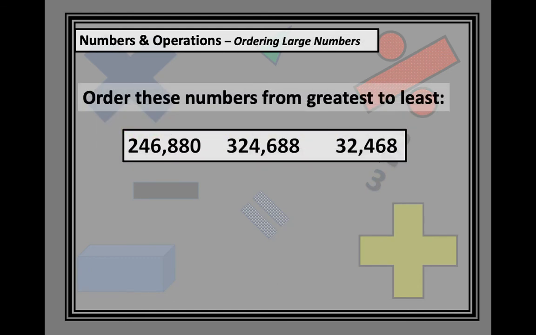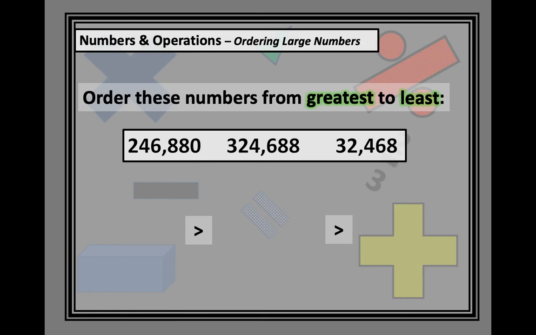We also talked about how to put large numbers in order. Remember, you really have to pay attention to what you're being asked to do. Here we're ordering the numbers from greatest to least. So we have to decide which is the largest number. That's going to go first. The number with the smallest value is going to go last.